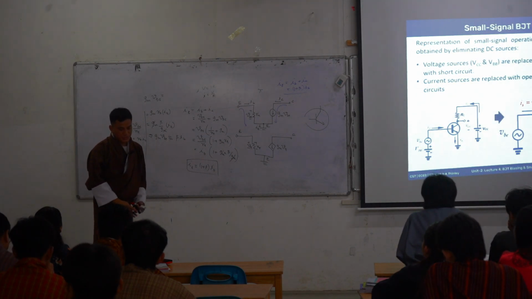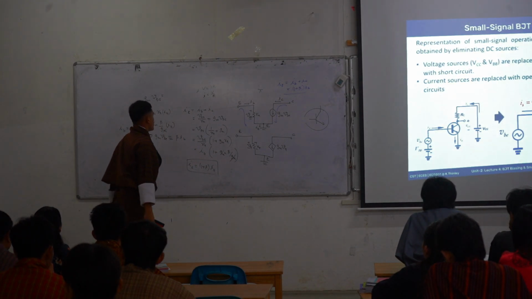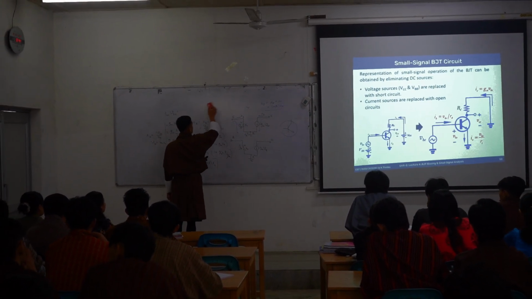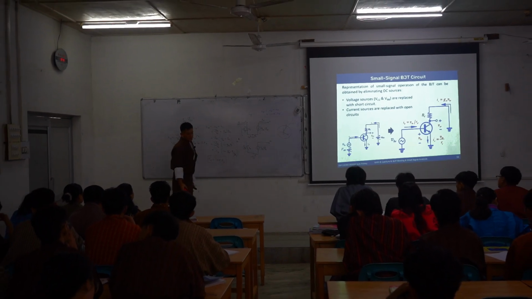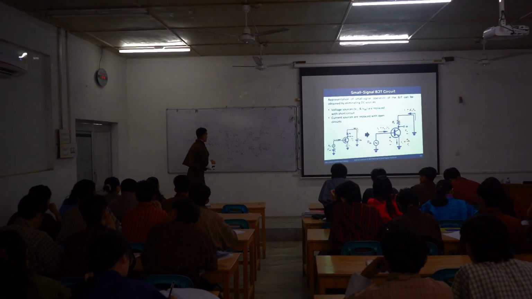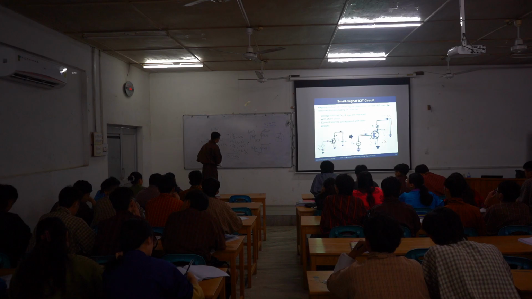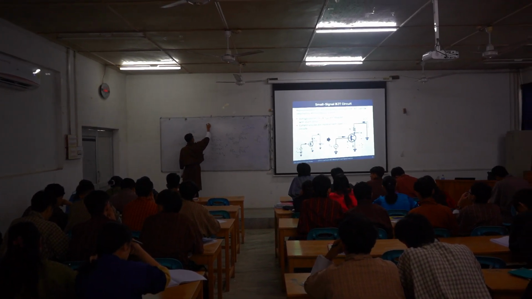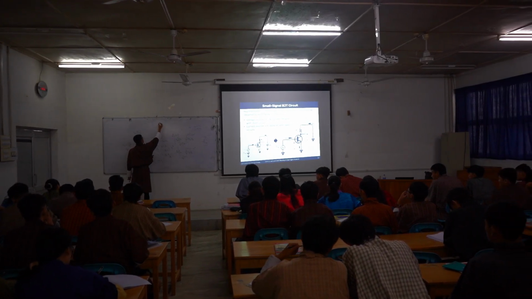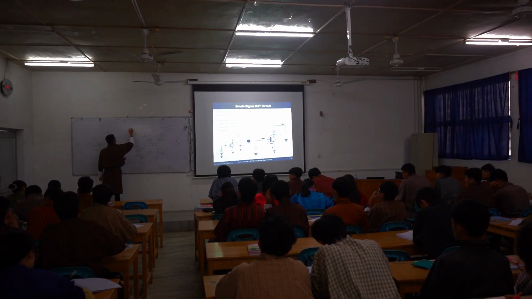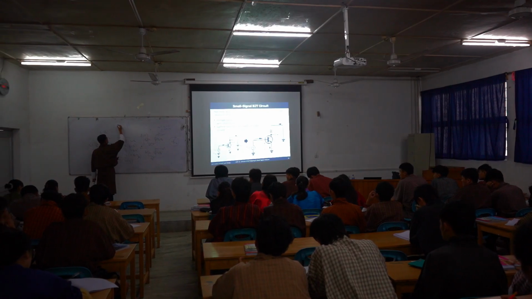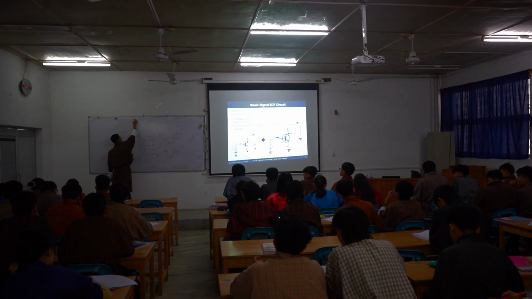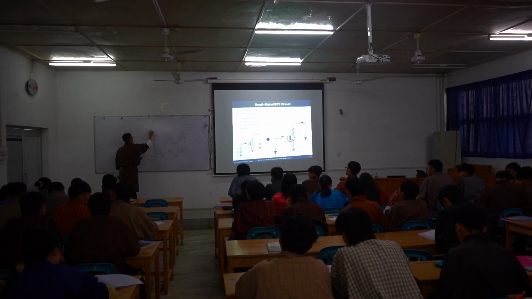Now in some textbooks, the alternative way of representing this, you will also see a circuit similar to this one, okay? So you'll have the collector, this is the base, this is your emitter.